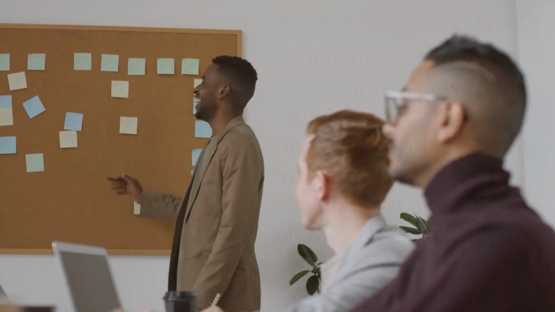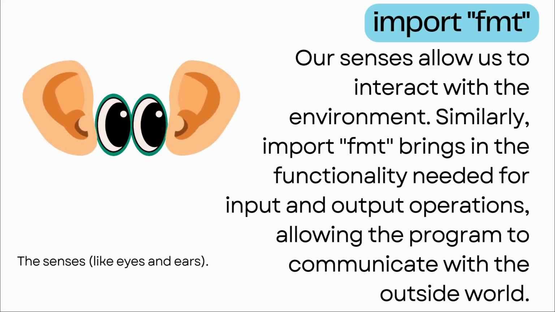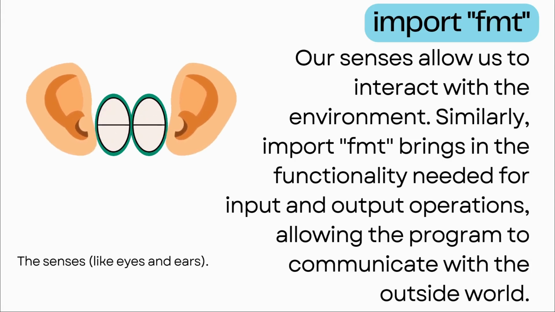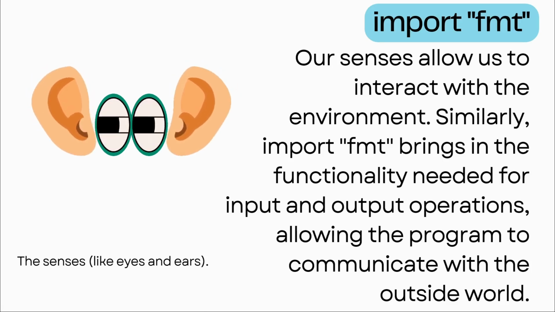In the same way, in Go programming we have something called fmt. This package is used to take input from the user. If you want to get the user input, you can use the fmt package. Some functions defined in it are, for example, Scan. And if you want to print something onto the console, you can use those operations also.